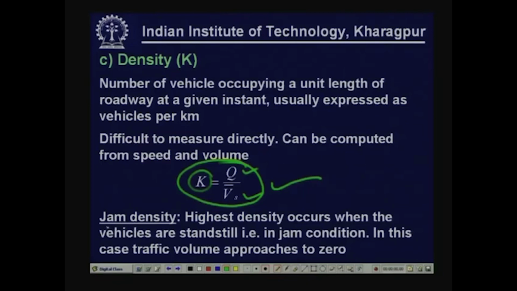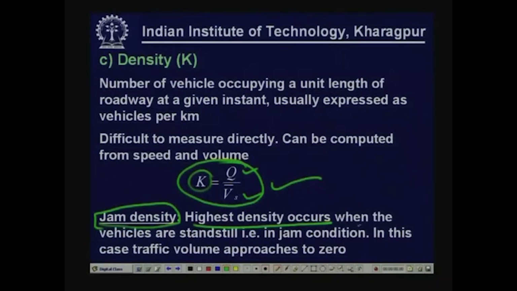The density we often refer to as jam density. Jam density is the highest density, which obviously occurs in the worst affected hours, the peak hour, when the congestion is severe. You have vehicles bumper to bumper. So, that is the maximum density that can occur, so we call it jam density. Jam density is the highest density when vehicles are standstill, that is the jam condition, and in this case traffic volume approaches 0.